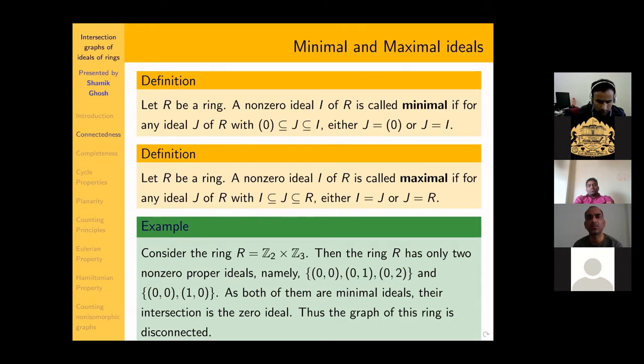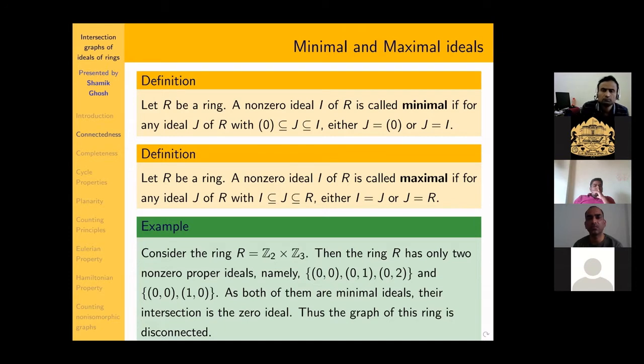For the maximal, I should write the proper ideal also, which is missing here. A non-zero proper ideal is called a maximal ideal. So these are the minimal and maximal definitions.